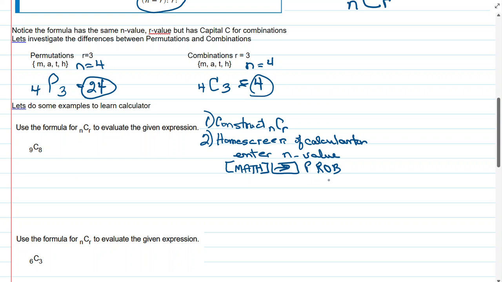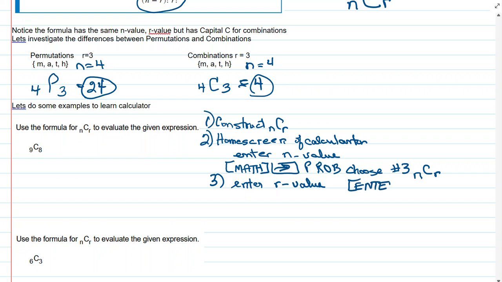Sometimes it can be PRO, like pro. And then we're going to choose number 3, NCR. And the next step is enter the R value. And we'll have how many groupings of size R we have in the set of values.